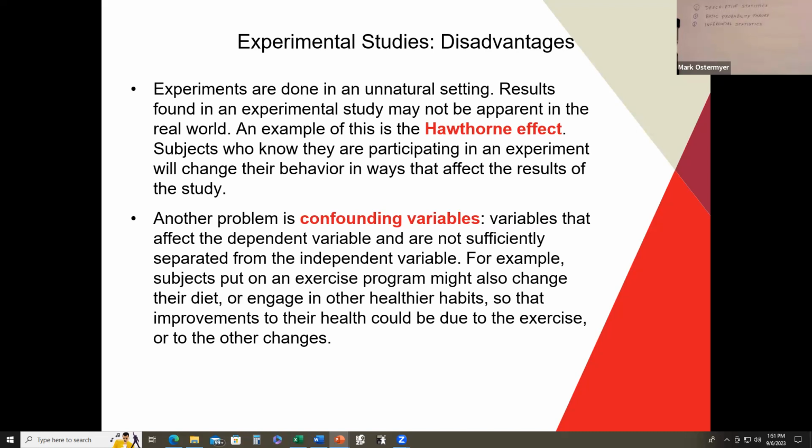Another big problem is confounding variables. Confounding variables are variables that are extremely similar to the independent variable you're trying to study.